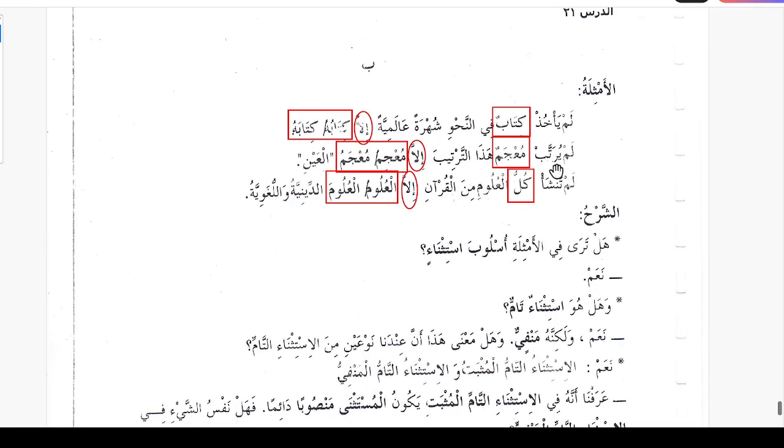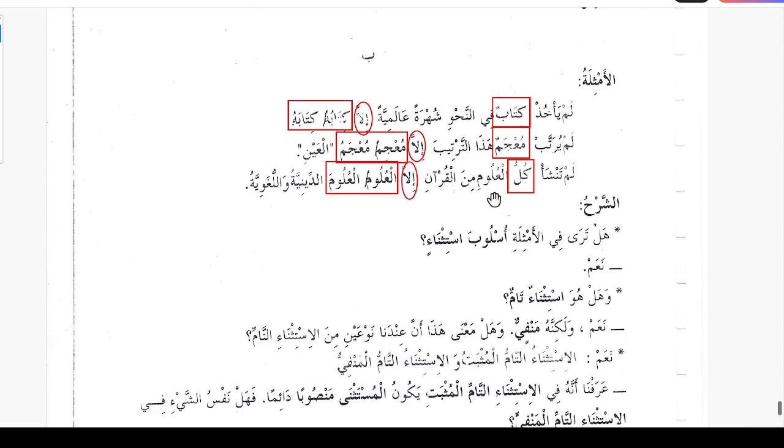Lam yurattab mujamun hazat tartiba. No dictionary is organized in this tartib, in this structure, illa mujamma or illa mujamu al-ain. This is the name of the dictionary.